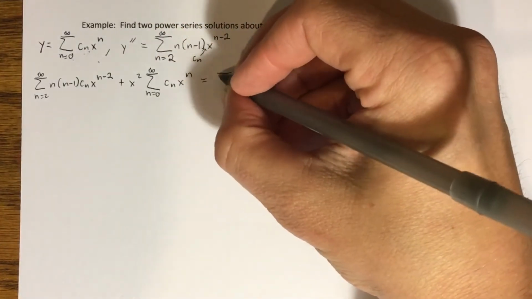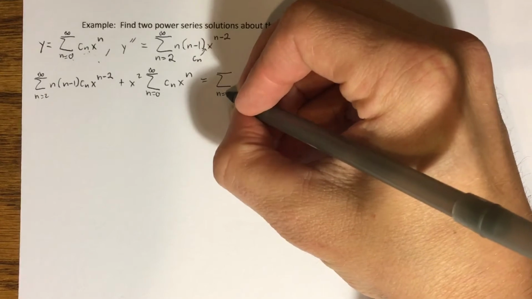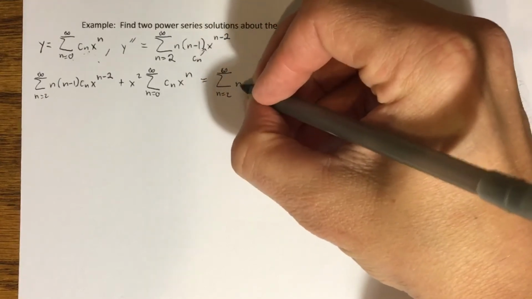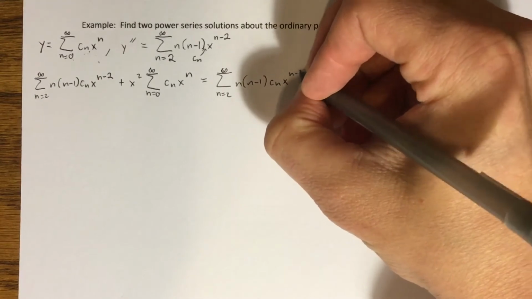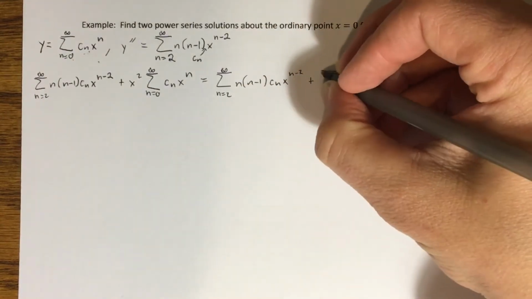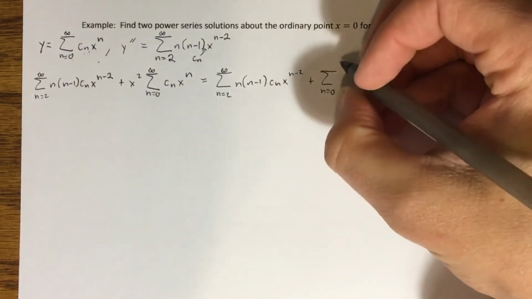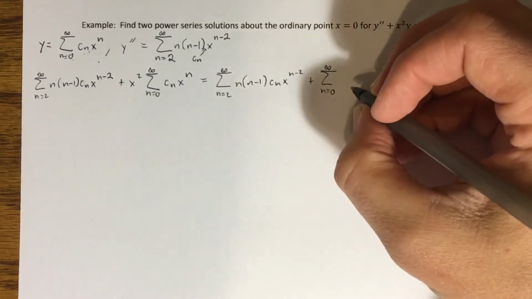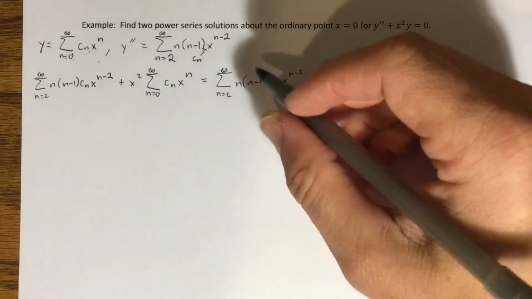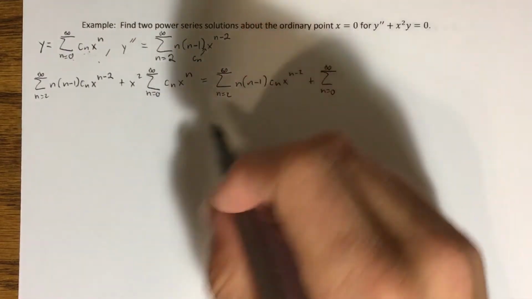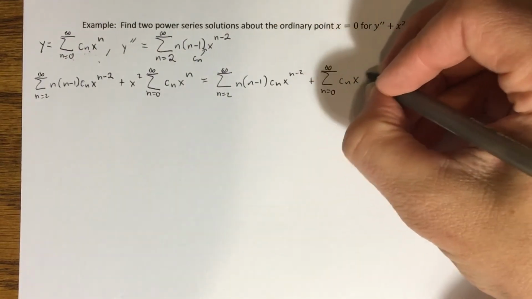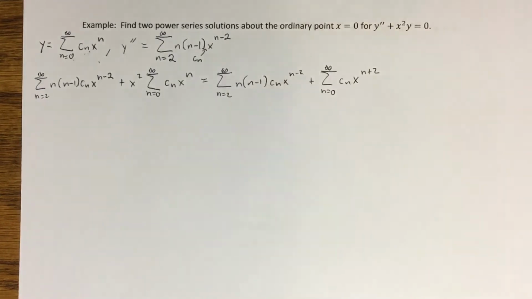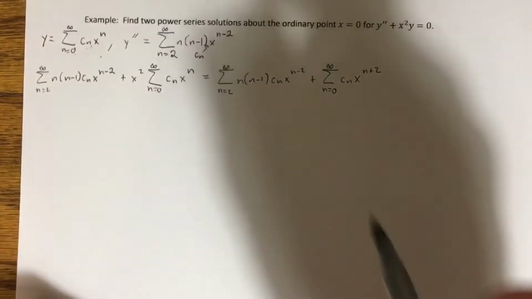So this becomes the summation where we go from n equals 2 to infinity, n times n minus 1, Cn x to the n minus 2, plus the sum from n equals 0 to infinity of the x squared in here, which is going to make that x to the n plus 2. So I get Cn x to the n plus 2.